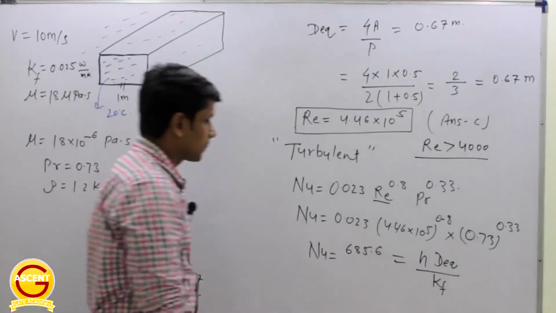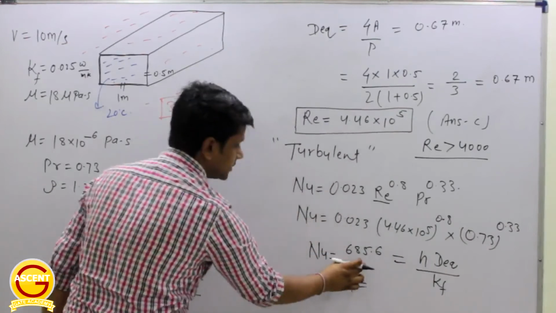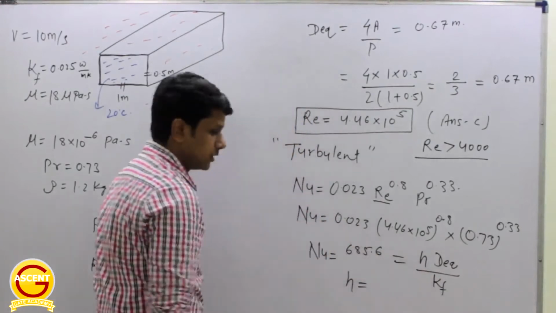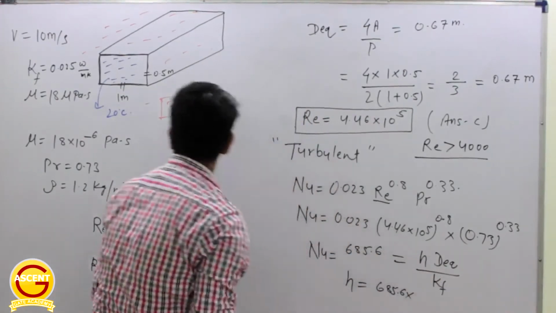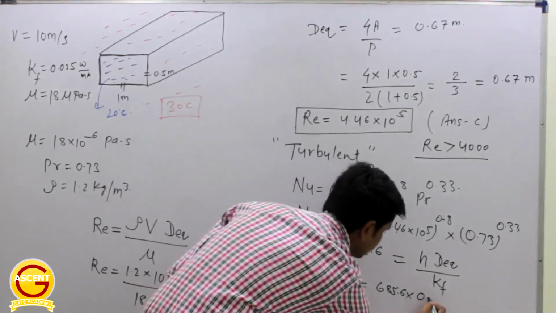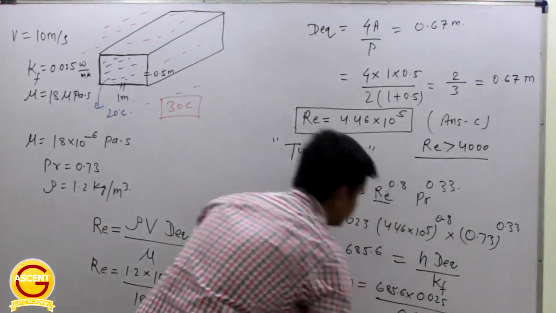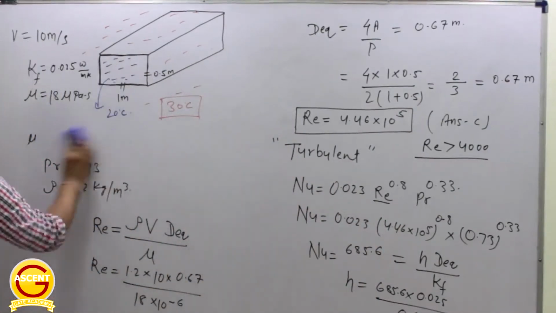This is for air. So from here you can calculate this h value, it will be 685.6 multiplied by kf divided by D equivalent. So it will become 685.6 into kf value 0.025 divided by 0.67, right? So when you calculate this, you will get this value.